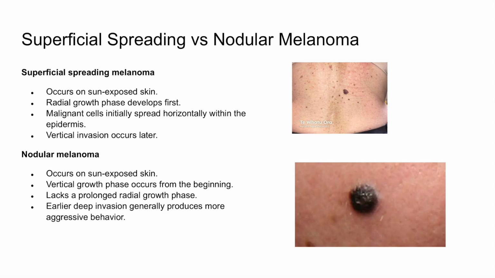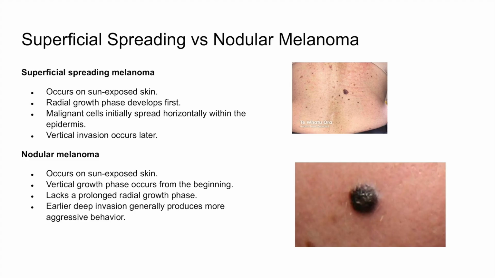Right, so superficial spreading melanoma usually begins with radial growth, meaning malignant cells spread horizontally through the epidermis before developing significant vertical invasion. Clinically, this often produces a flat or slightly raised lesion with asymmetry, irregular borders, and variable pigmentation. Nodular melanoma behaves differently because vertical growth occurs from the beginning without a prolonged radial phase.